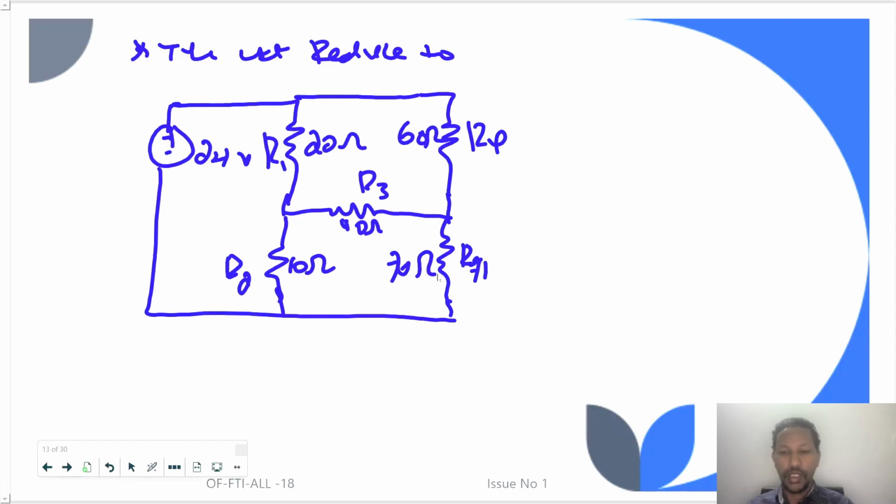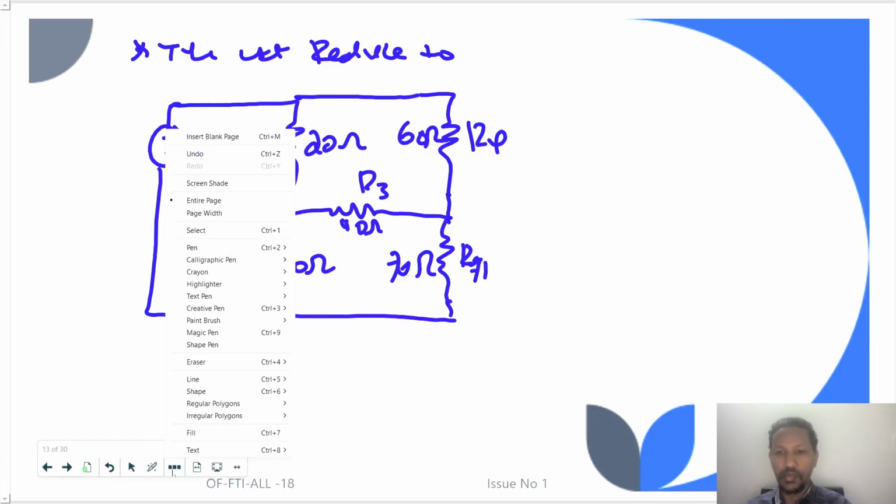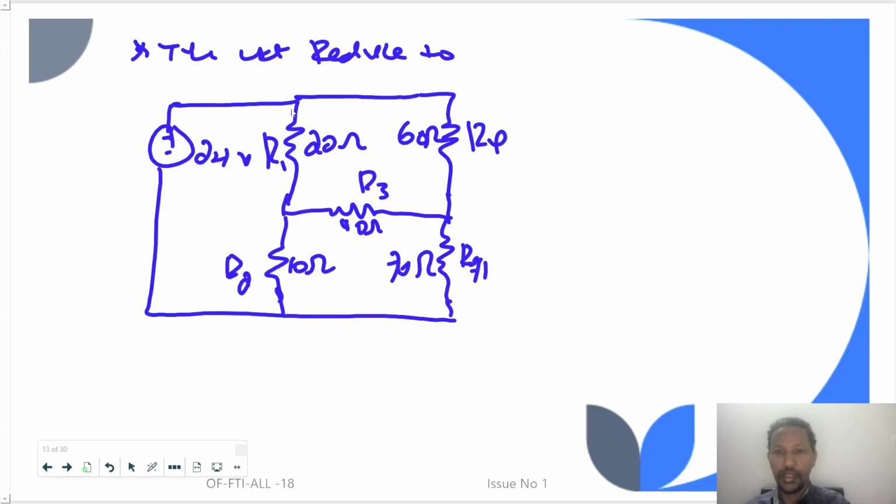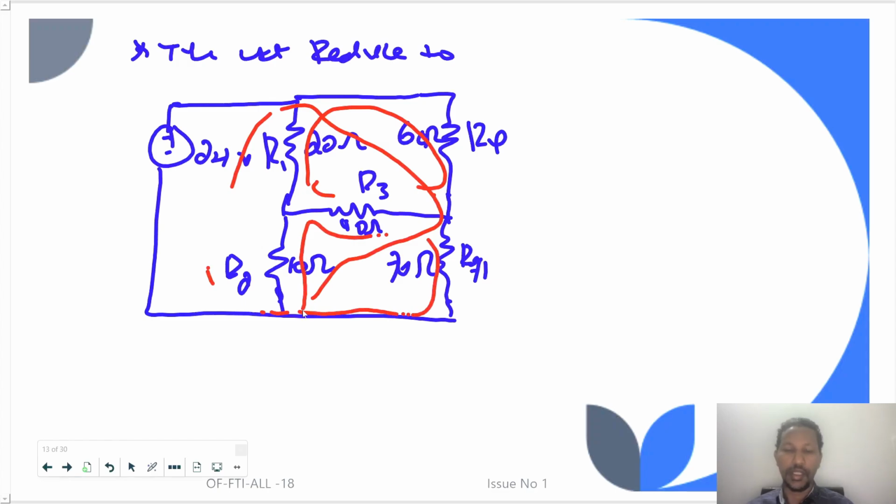So we can consider a number of configurations for the circuit. That means this network is considered to be the Wye network, and this network is also considered to be a Delta network, and as well this network is considered to be a Delta network.